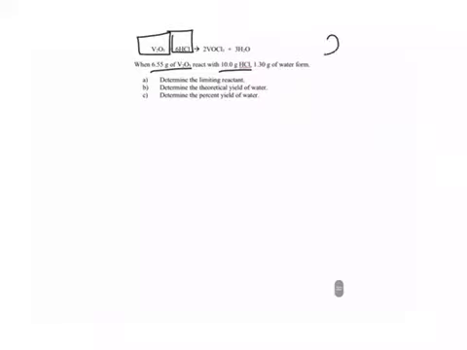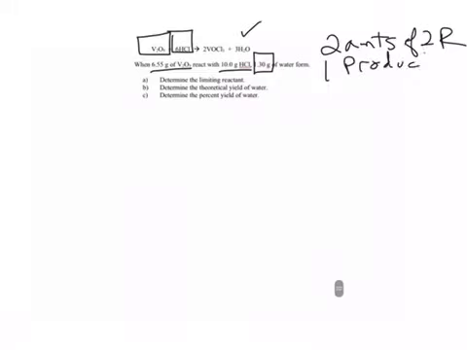So we have two amounts of two reactants. And we have 1.30 grams of water, which means we also have a product. So this is a combination problem: it's not just having one product, you have to actually be given an amount of it.